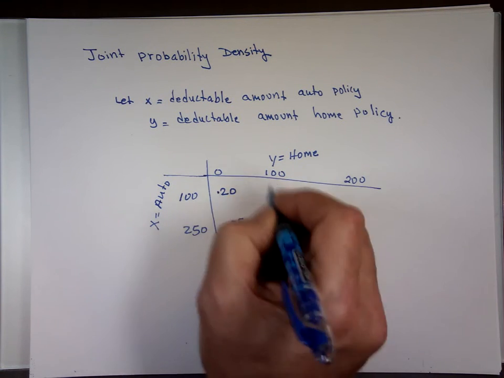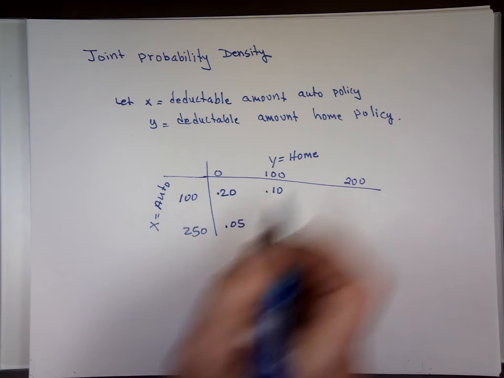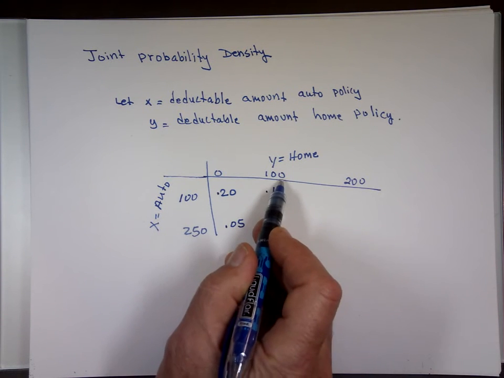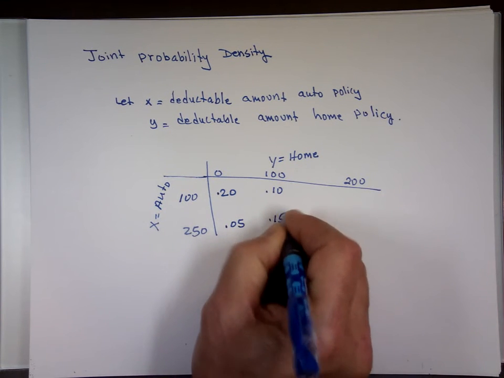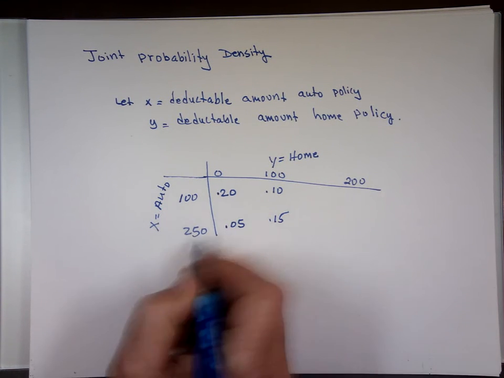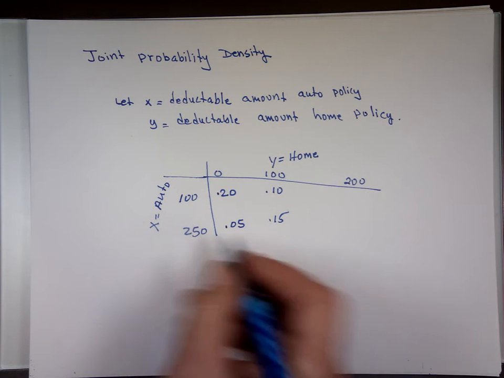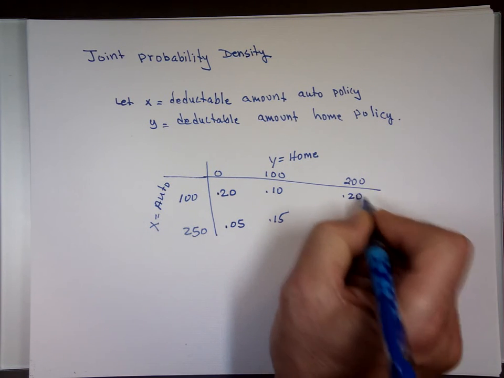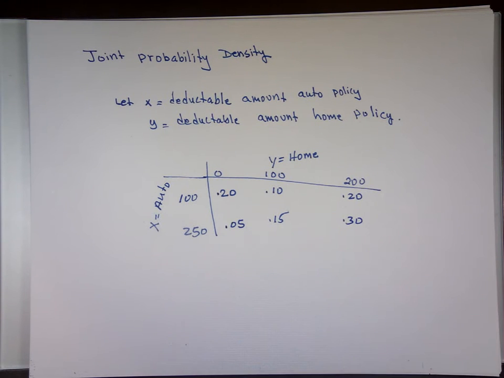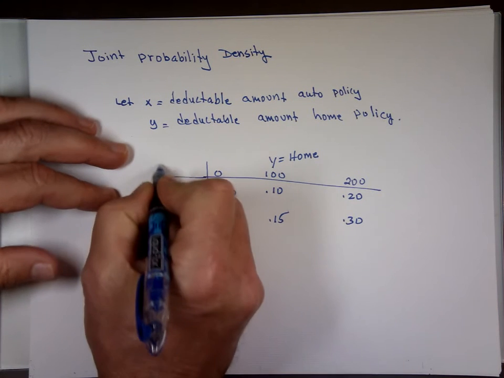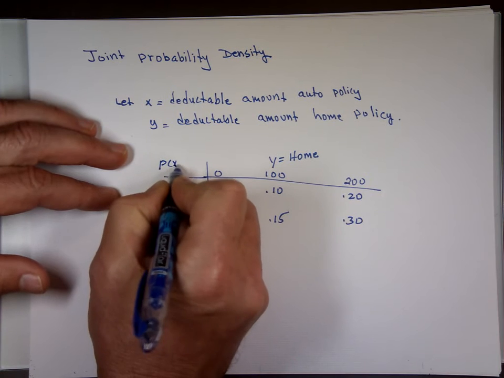We found that 10% of the people have 100 on the home, 100 on the car, 0.15 have 100 on home, 250 on their car, and 0.20, 20%, and 0.30 for the other one. Now this is known as the joint probability distribution function. This is the probability of X comma Y.